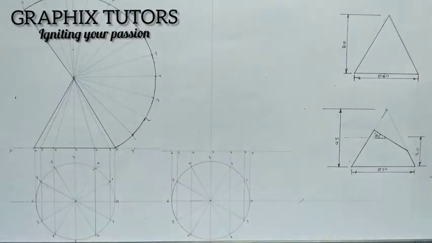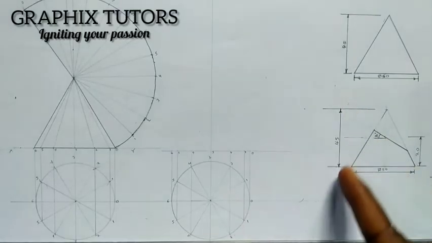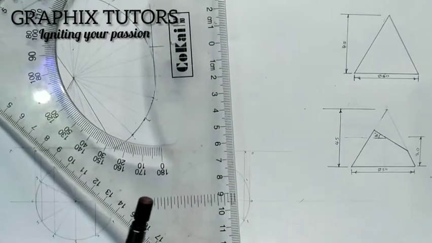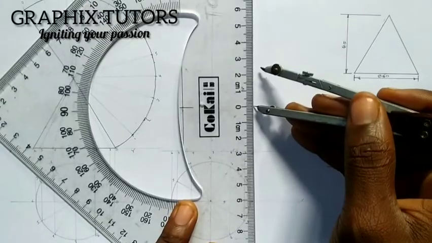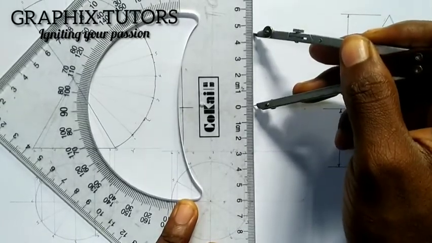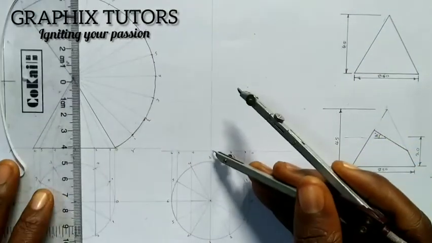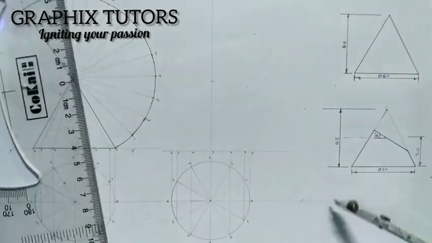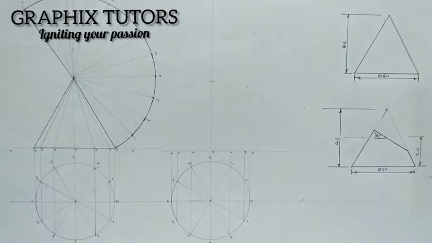Now what I will do is that the height given from here to here is what? 45. So I'm going to measure my 45, that's from 0 to 45. And I'll come at this center here of this line and click my 45. So I'll make them form my triangle.